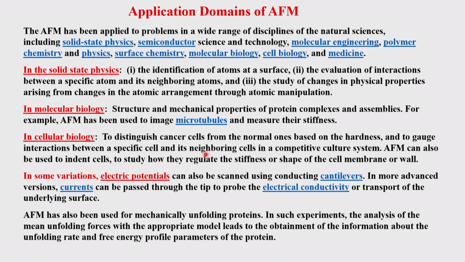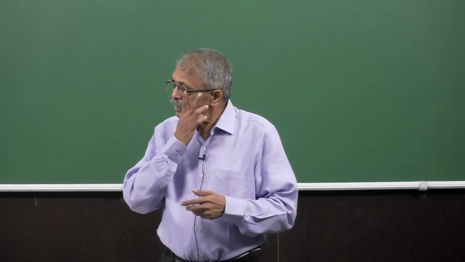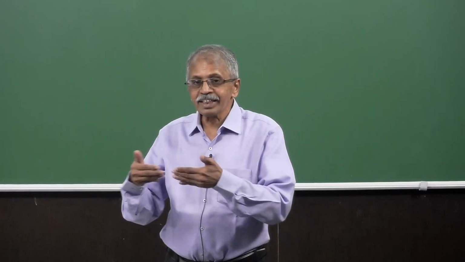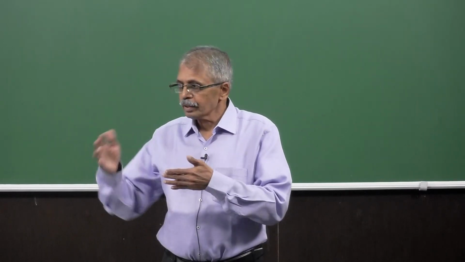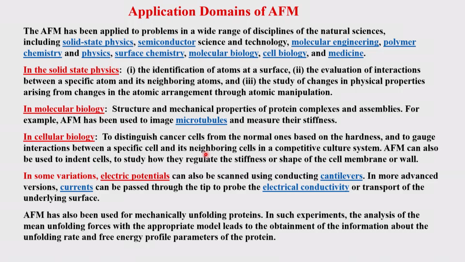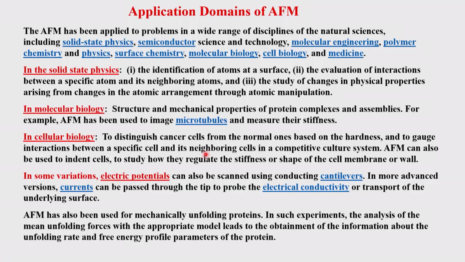Or you can also study by modifying the tip of the AFM with certain kinds of molecules. You can study their interactions on the cell surface as well, because they will have receptor sites. So with complementary groups, you can map those things as well.